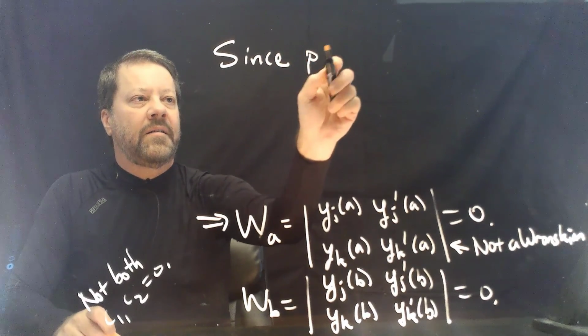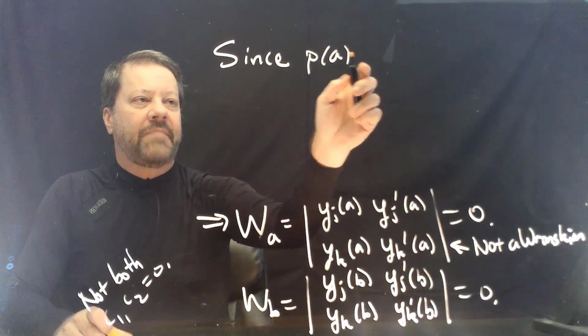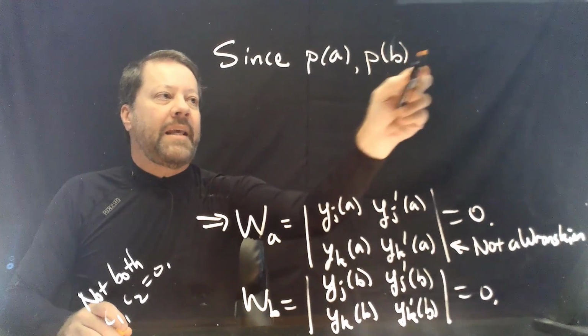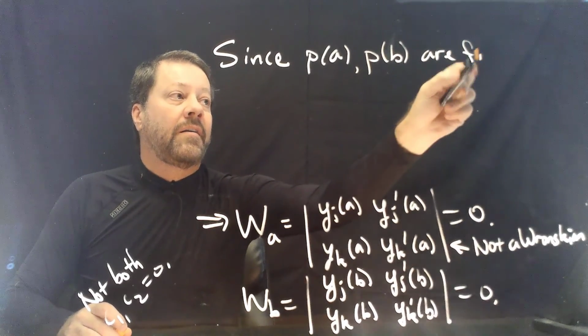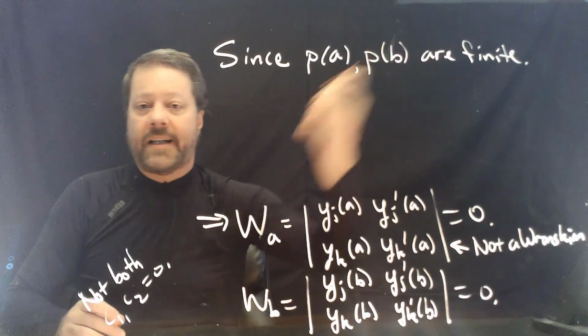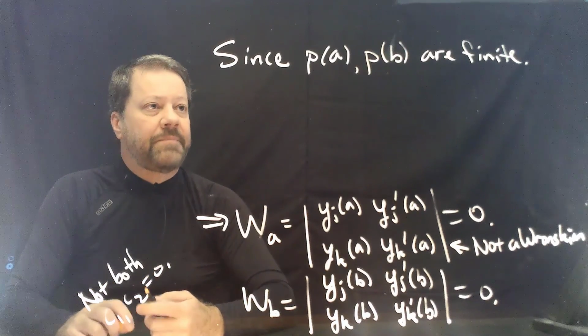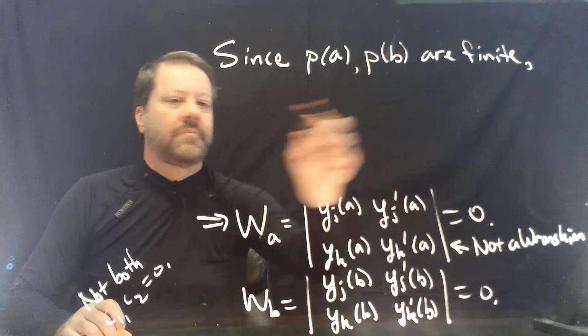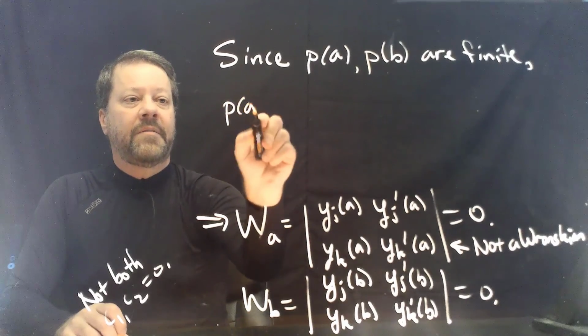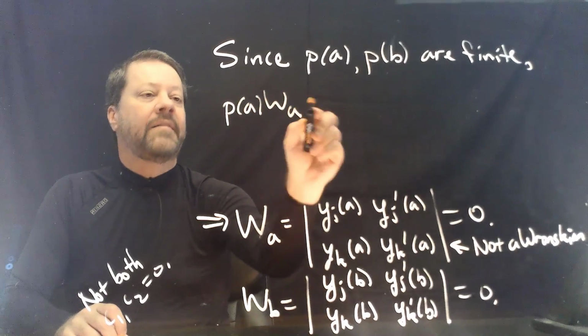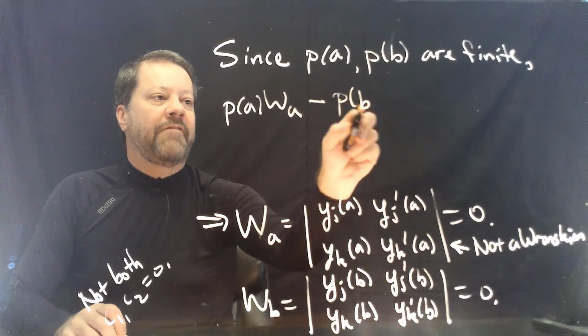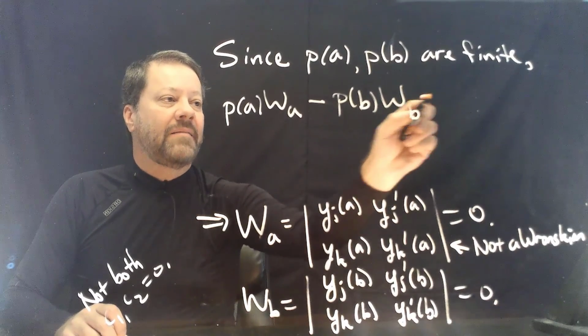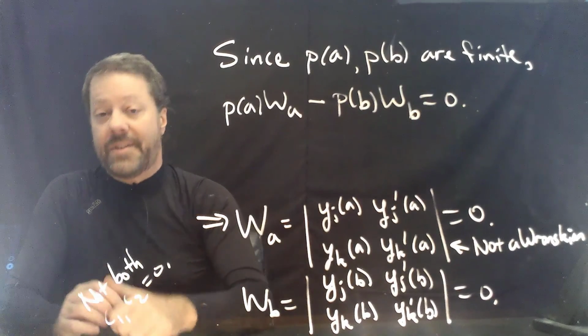Since p of a and p of b are finite, and I guess on infinite intervals we'll take a limit, we have p of a, w of a, minus p of b, wb, must in fact be 0.